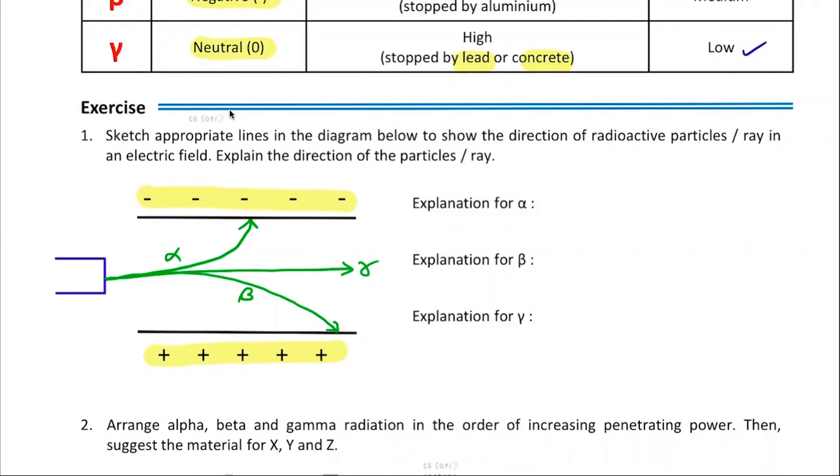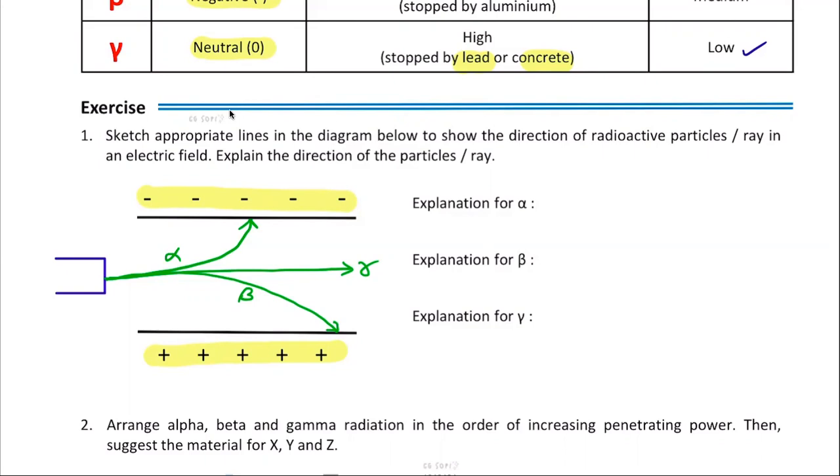So like in this case, alpha particle, the same as a helium element, has a bigger mass compared to the beta particle, which is an electron. So bigger mass, bigger inertia. So it will produce a bigger deflection towards the negative plate compared to the beta particle deflected towards the positive plate.